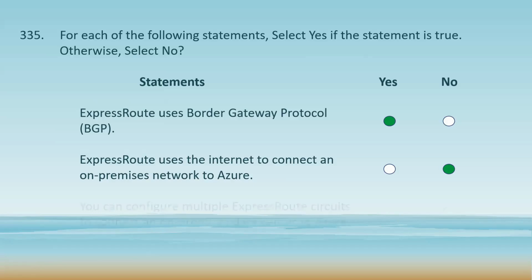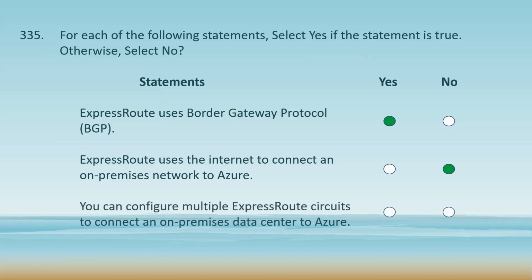And the third statement is you can configure multiple ExpressRoute circuits to connect an on-premise data center to Azure. Friends, we already validated this statement when I was going through ExpressRoute uses Border Gateway Protocol, and this statement is correct. Microsoft offers multiple ExpressRoute peering locations in many geopolitical regions.